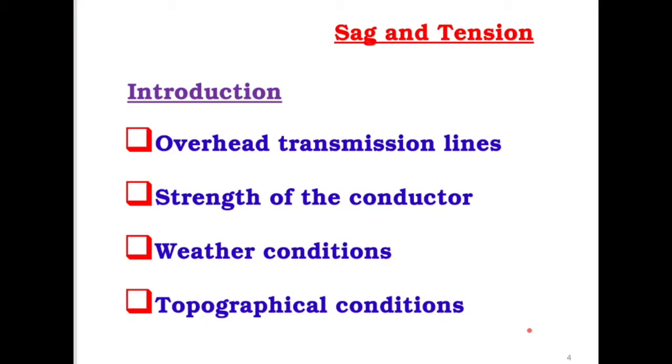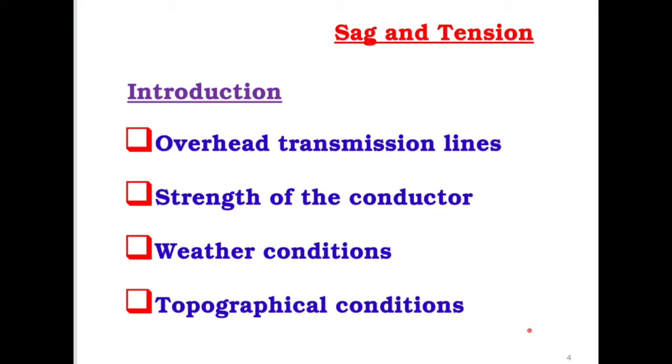It is also related to the strength of the conductor, meaning the conductor must be mechanically strong enough to be supported between the adjacent supports, capable of withstanding all the mechanical forces on it due to atmospheric and weather conditions.